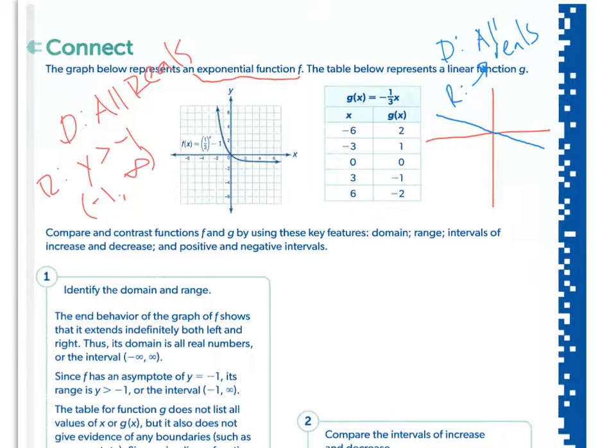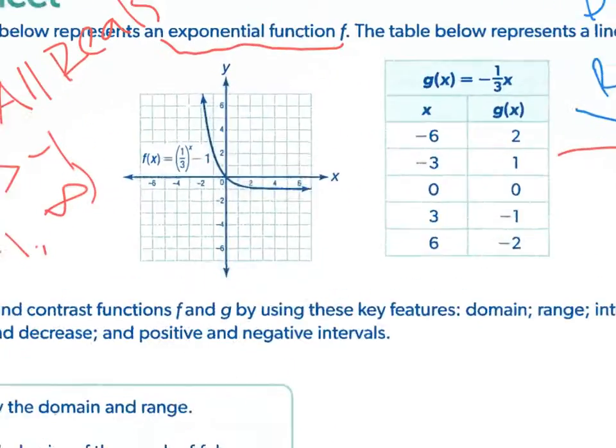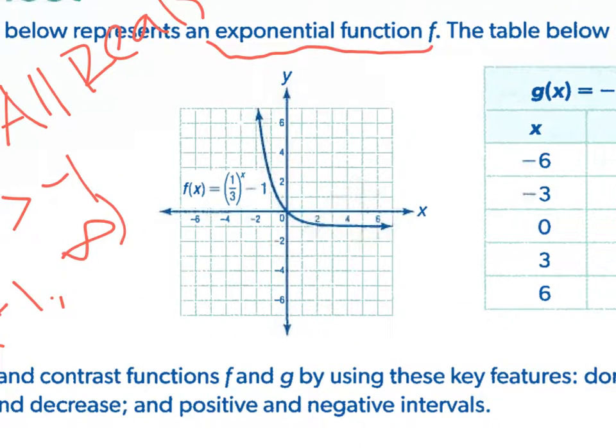So if we zoom in here on our graph, let's just pretend that we start way up here. This is the furthest point to the left our graph goes. And what's happening with all of these y values?